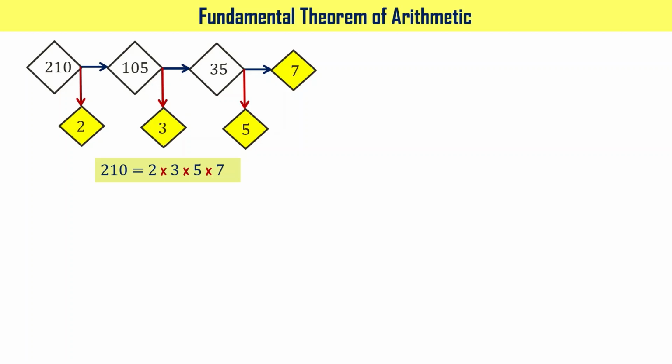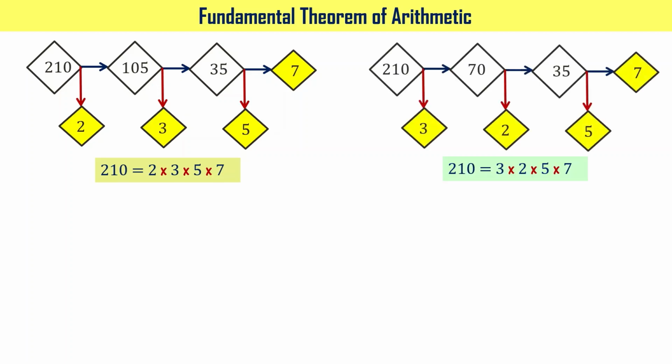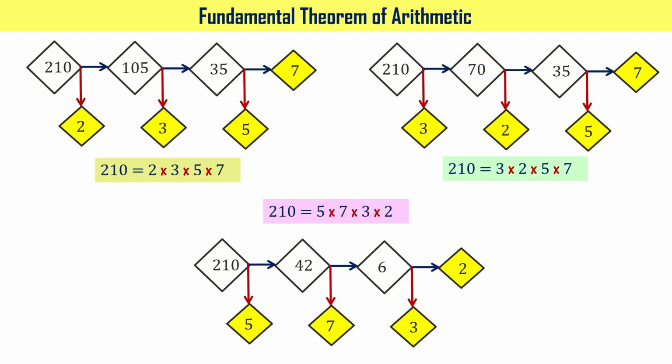So 210 can be written as 3 times 70. If you do it that way, then 210 can be written as 3 times 2 times 5 times 7, right? Instead, if I start with 5 as the divisor to begin with, then 210 can be written as 5 times 7 times 3 times 2.